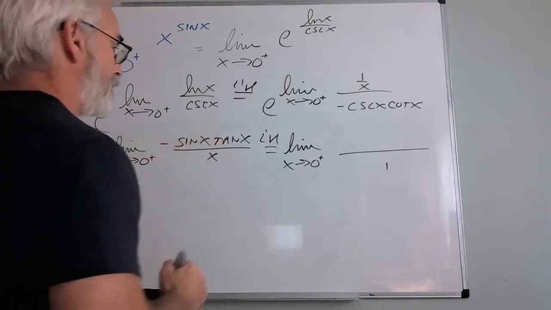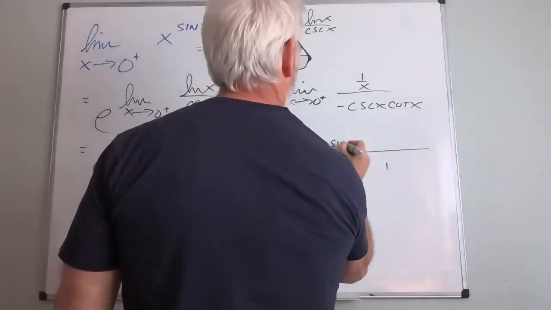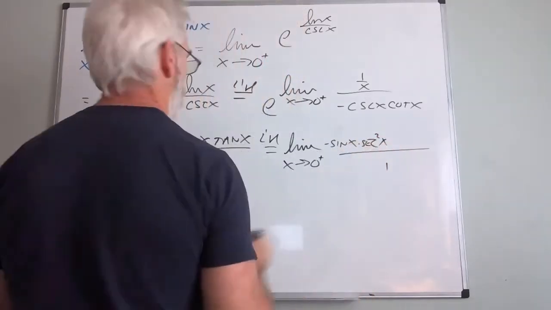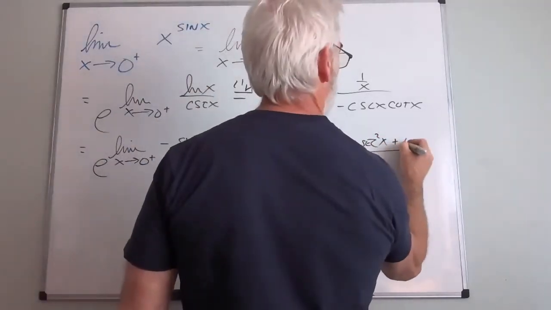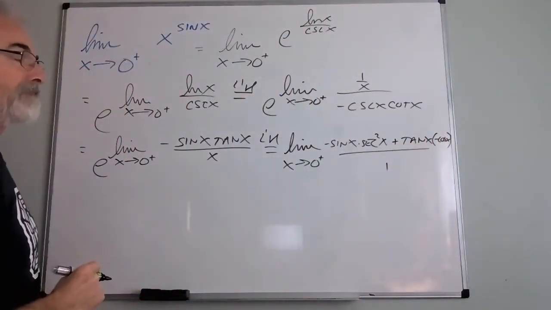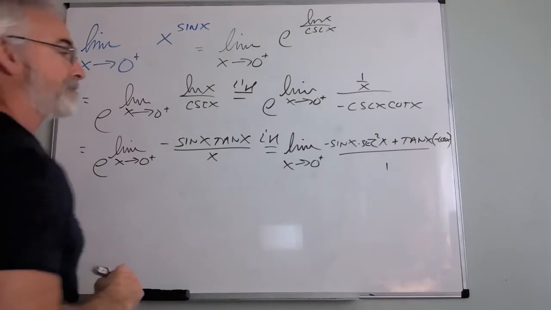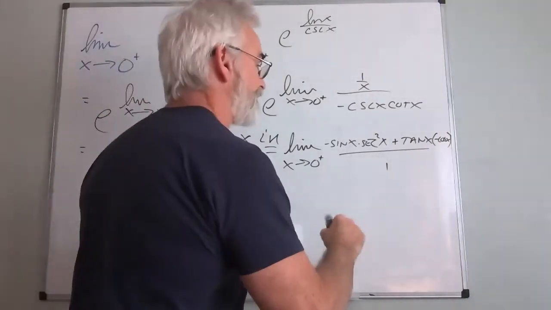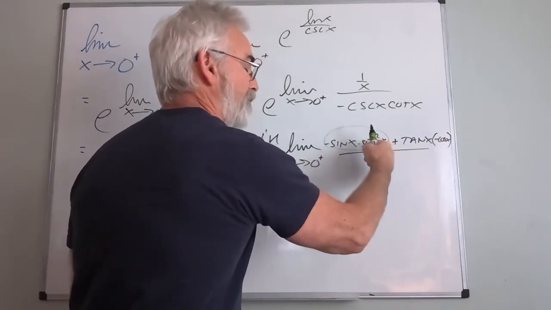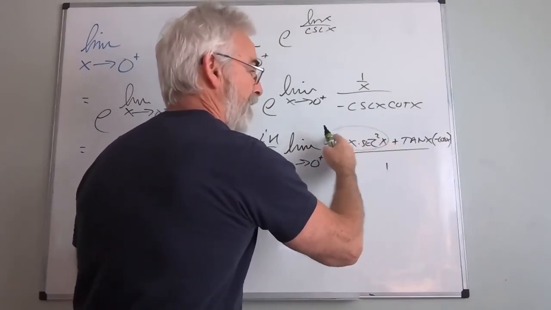So a little product rule here. So negative sine times the secant squared plus the tangent times the negative cosine. I don't know how to get that in there. Okay. Now, as x approaches 0, secant's approaching 1, sine's approaching 0.